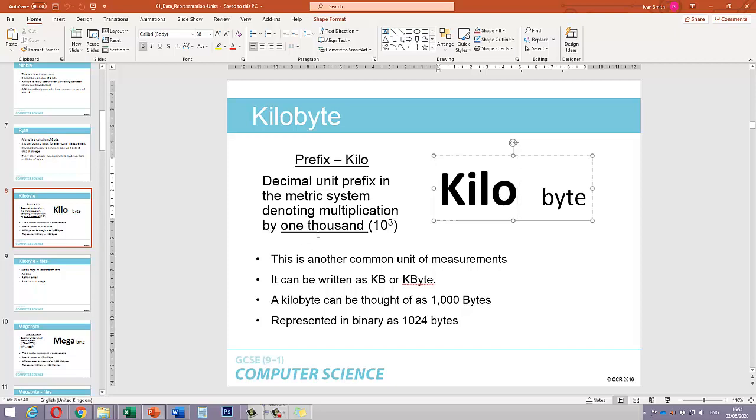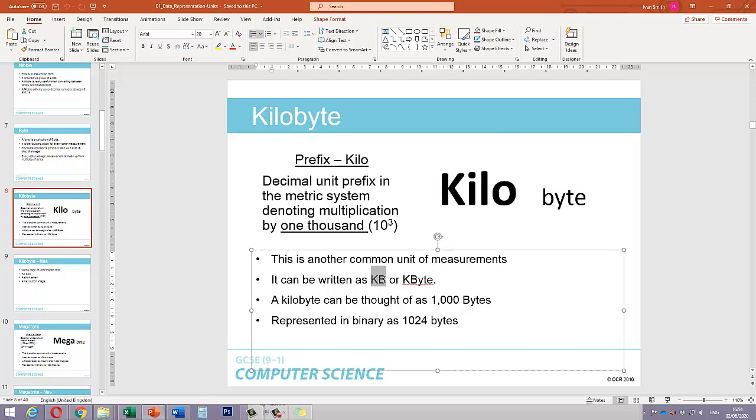A kilobyte is written as a capital K and capital B, and it's really important that we understand the difference, that we are referencing a kilobyte as KB in capitals. A kilobyte can be thought of as 1,000 bytes.